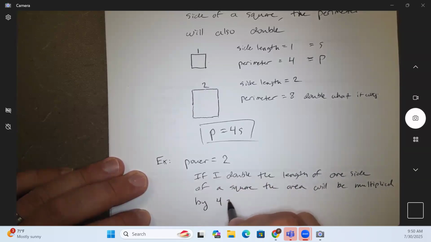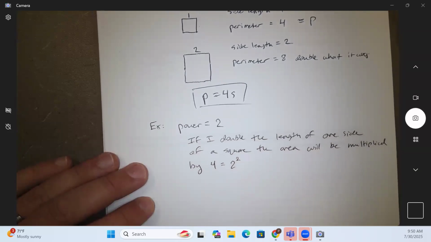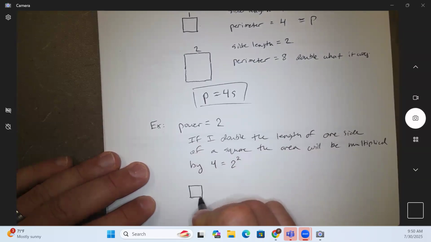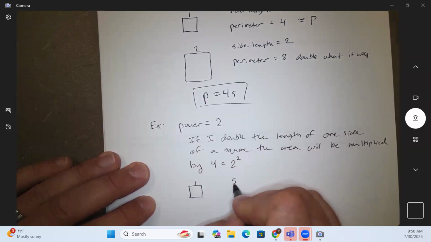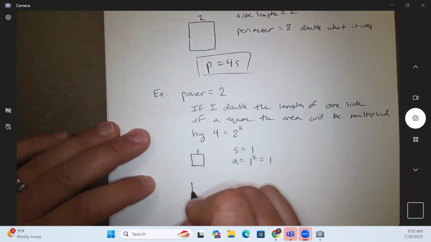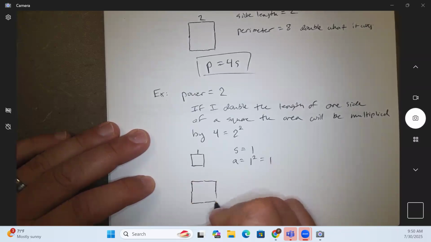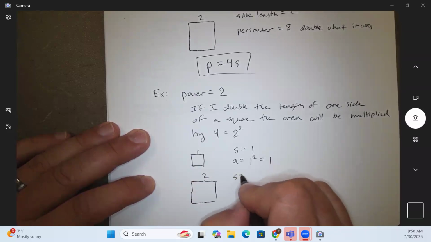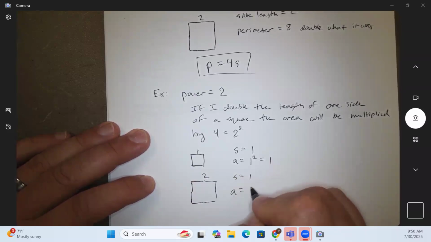It's actually going to go up by 4, which is 2 squared. It's going to be multiplied by 4. So let's look. Here's my square, side length 1. Area is 1 squared, which is also 1. If now I double that side length to 2, the area is now 2 squared, which is 4.